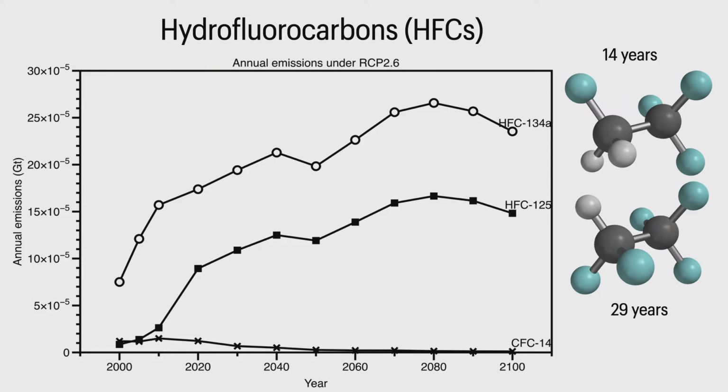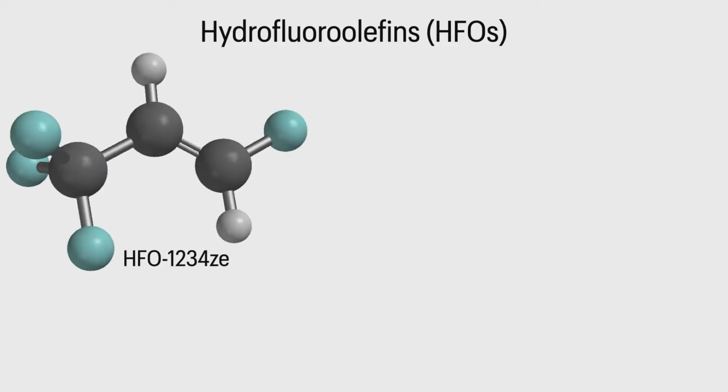But these compounds each have values of GWP thousands of times larger than CO2, and so they too should be replaced. A further generation has been the hydrofluoroolefins, HFOs. These have two less atoms on the carbon backbone, creating a carbon-carbon double bond. This greatly reduces the lifetime in the atmosphere, and as a result the GWP factors are much less than 1, and so on that criterion less polluting than CO2.